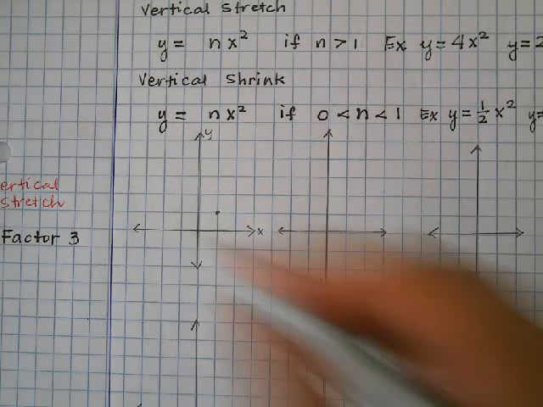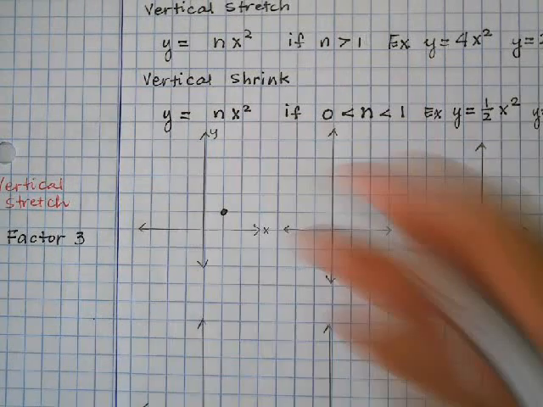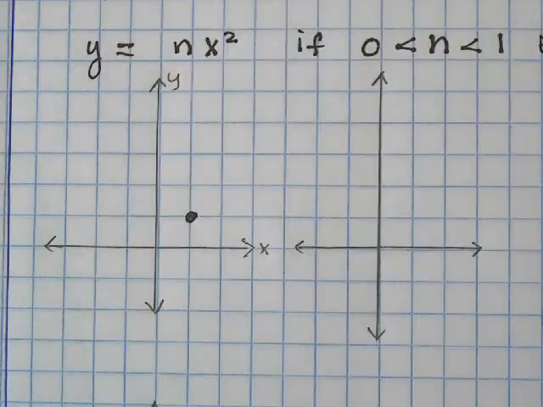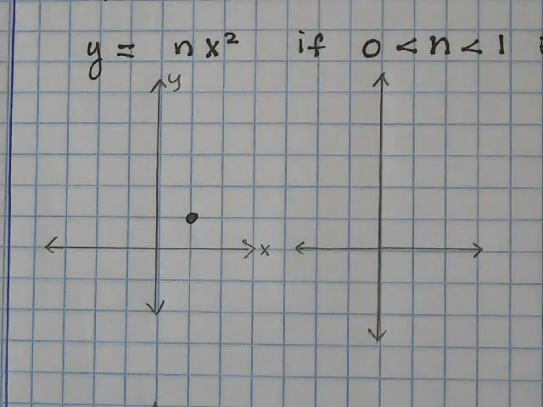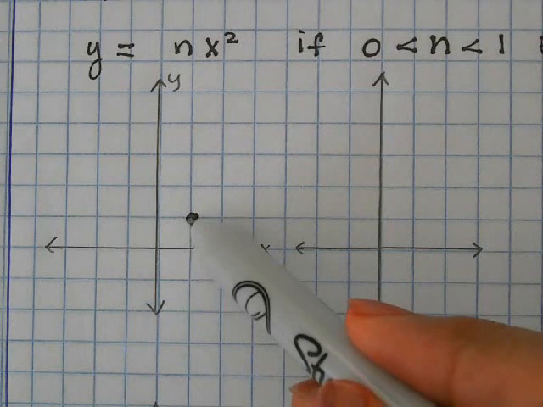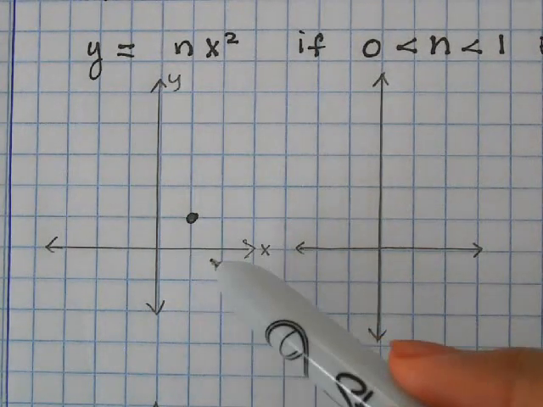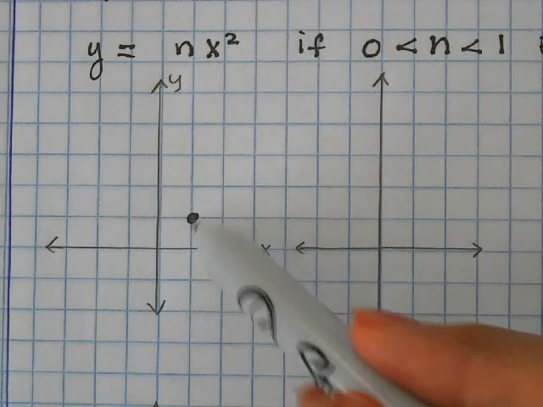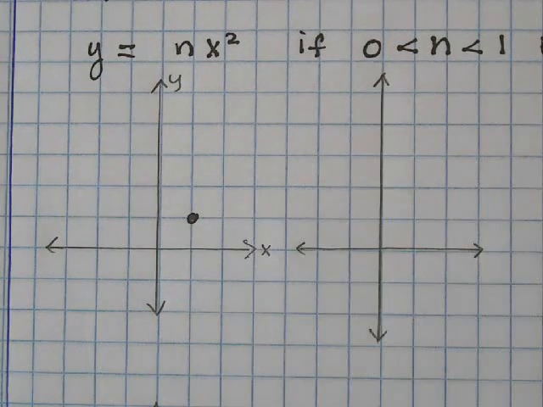So let's talk about this point here. Let's say that is your x and y axis. Listen, pay attention. Look at how far this point is from the x-axis. You see the distance of the point from the x-axis is 1 unit.